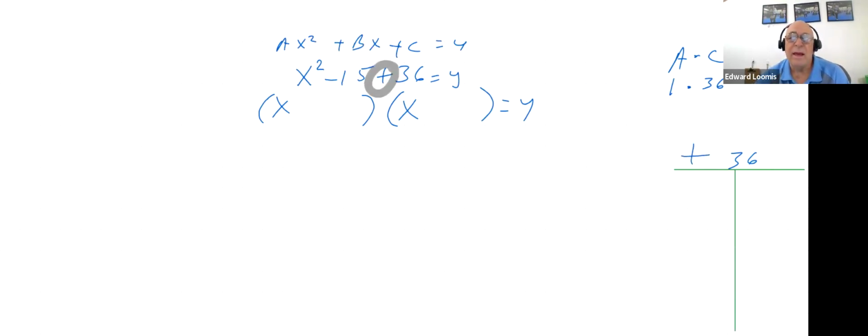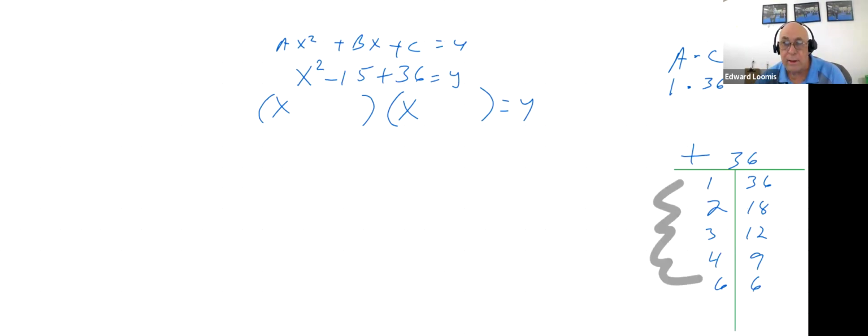Okay? Now, let's figure out what are the factors of 36. Well, 1 times 36, 2 times 18, 3 times 12, I forgot that one, 4 times 9, and 6 times 6. Those are the factors of 36. The rules are this: what two numbers multiply to be 36, that's a times c, but when I combine them, they need to be b.